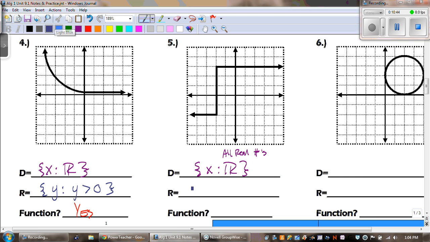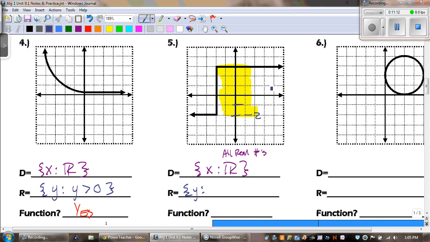Okay, now let's talk about the range. So the range, it has a specific limit. Remember we're talking about up and down, and those are my limits. It can be anything in between here, but it can't be less than that, and it can't be greater than that. So let's find out where those numbers are.